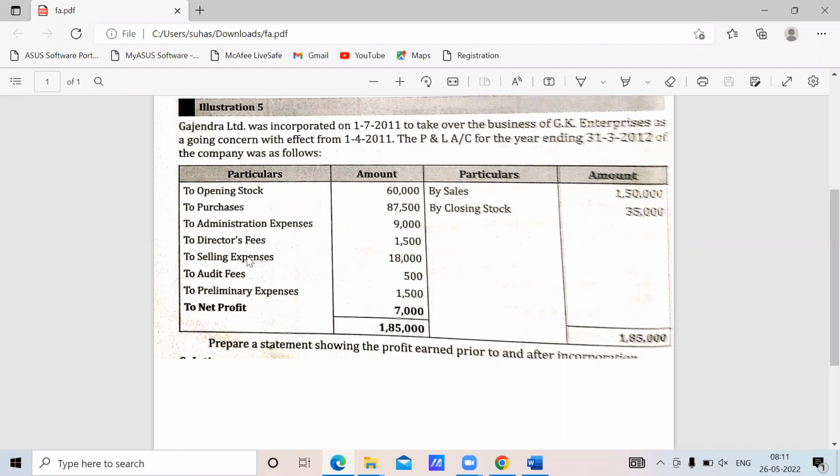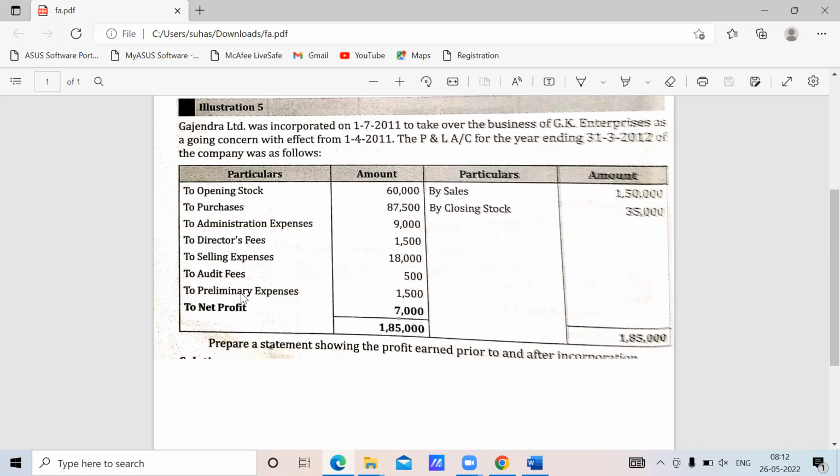Very good. Selling expenses, sales ratio. Audit fees is time ratio. Good. Preliminary expenses will be directly taken to post. Yes, that's it. Okay. So now you total all the expenses.